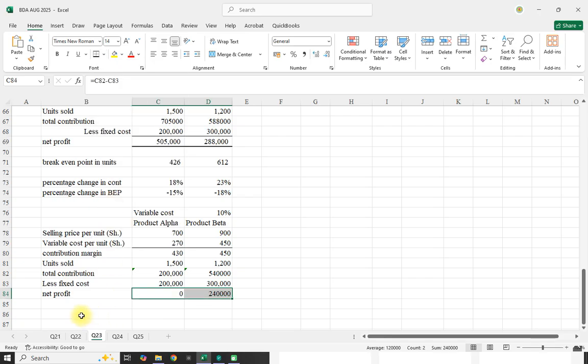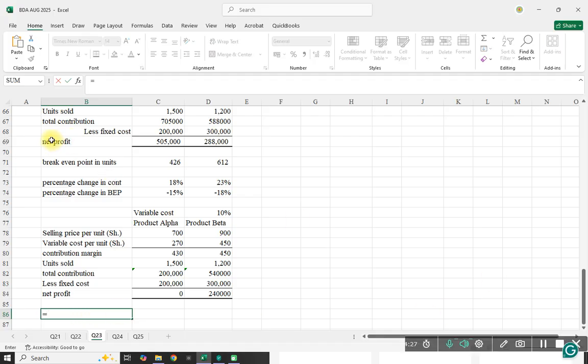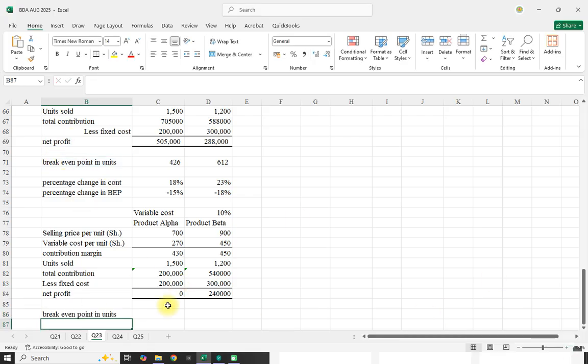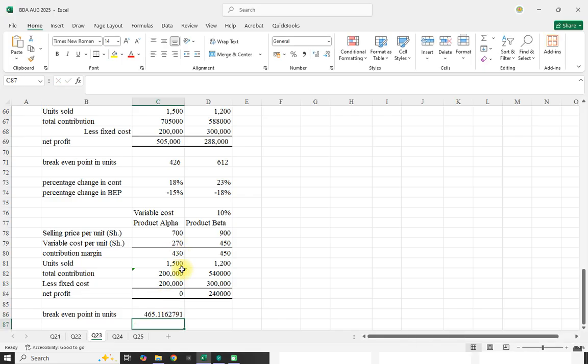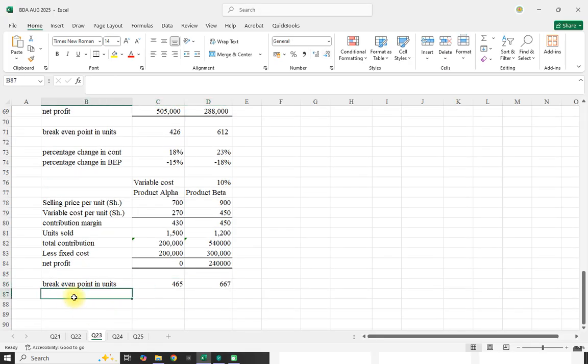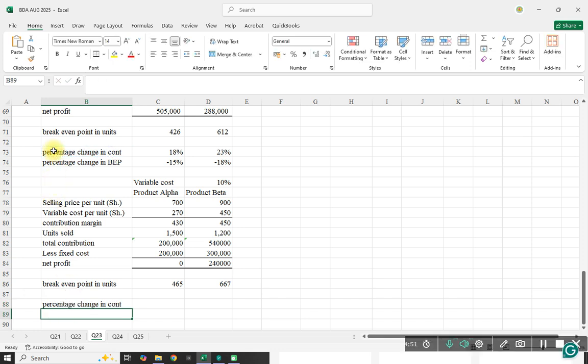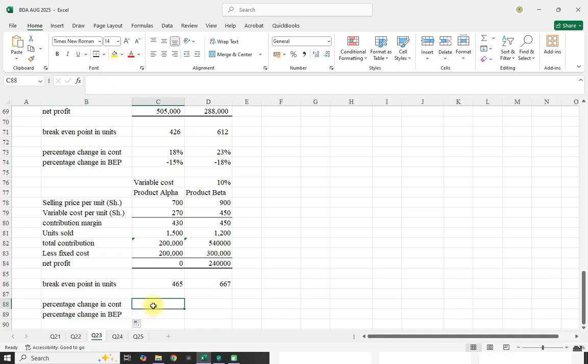Sales units will not have an effect on the contribution. So the break even here, the BEP in units, will now be our fixed cost, we divide by the contribution margin, and we can round it off. That will be our break even point in units, and we go to the percentage change in contribution and BEP.